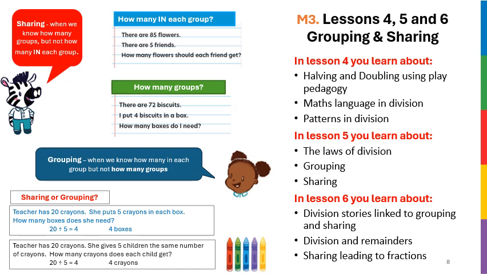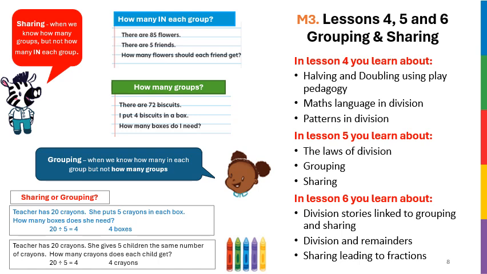You've had about 2 seconds and I'm hoping that you saw that the blue problem, the teacher with 20 crayons and she puts 5 crayons in each box, which means she knows how many are in a group. What she didn't know was how many groups.